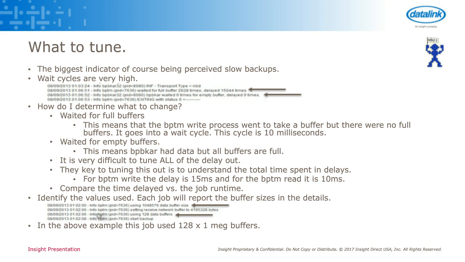The key to tuning this value is to determine the time spent in these delays. So a write delay is 15 milliseconds, a read delay is 10 milliseconds, and these add up based on whether you're waiting for a full buffer or waiting for an empty buffer. You'll need to compare these values to the job runtime. What we mean by that is if you have a job that is running for 20 minutes and you're taking a large number of delays, 20,000, 30,000 delays, that's a significant amount of the overall job time spent waiting.